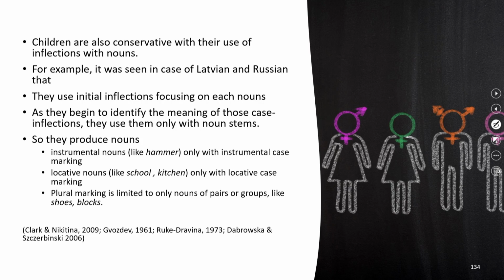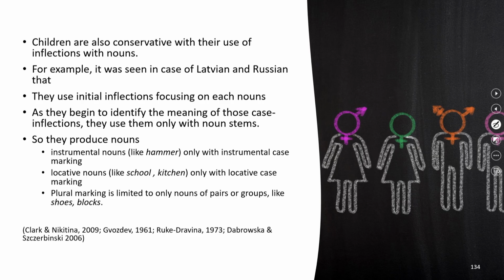Similarly, a similar kind of selective behavior is found with nouns. There were very interesting cross linguistic studies as well. Latvian, Russian, Polish, English and other languages have been studied. In a couple of studies that I have reported here, children initially use inflection focusing on each noun, on what the noun is, and accordingly they use it.